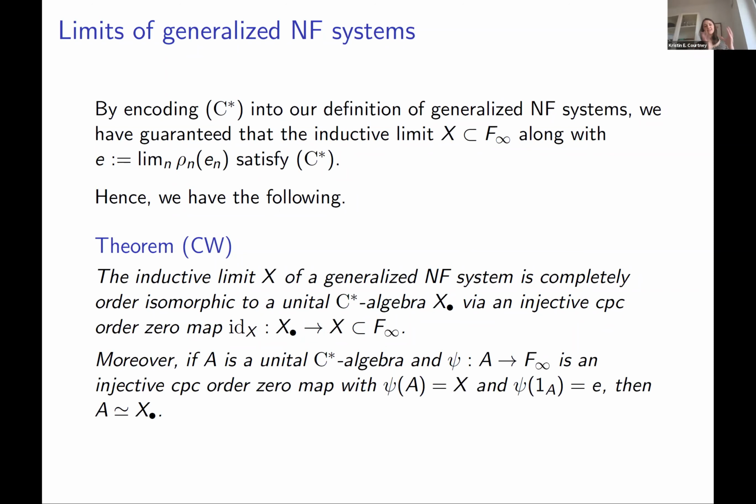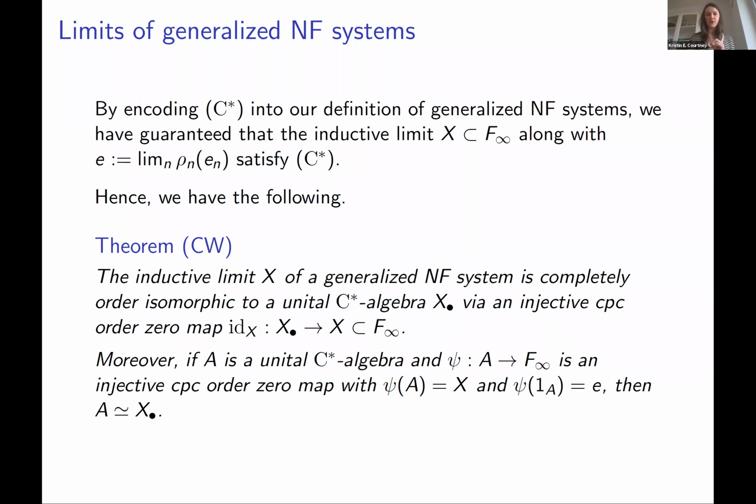Moreover, if A is another unital C-star algebra, and we have some injective CPC order 0 map from A into the C-star algebra F infinity, that maps A to X and maps the unit of A to E, then X is star isomorphic to X bullet.